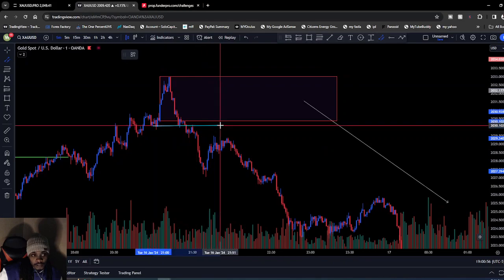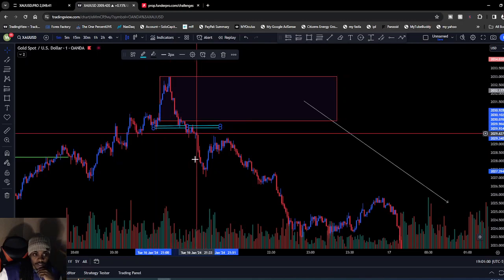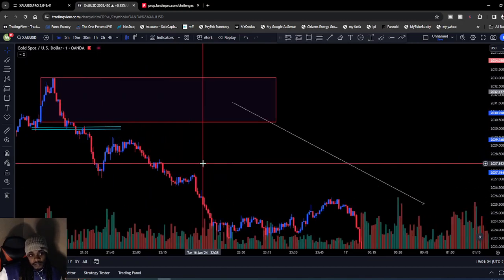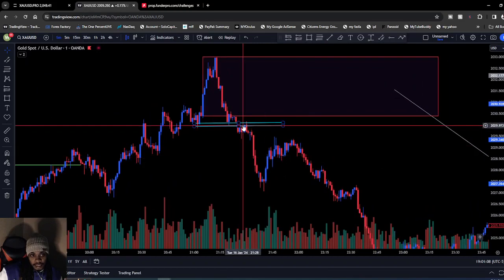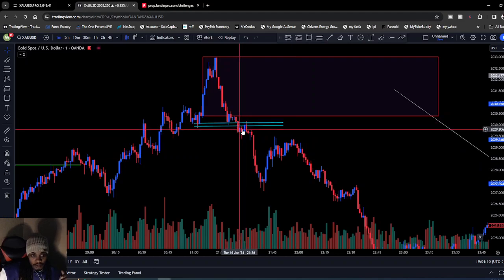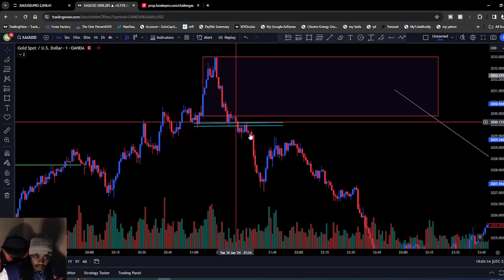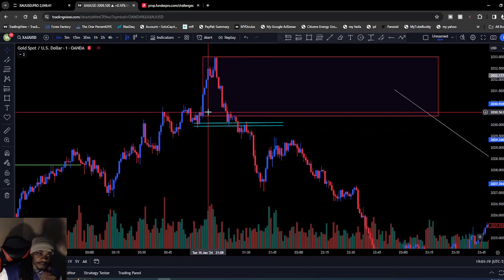You can mark out your support resistance. This is support turned resistance. You can take the trade that way. Take it as the tap of this zone, or the closure below this zone right here, as it starts to reverse and close below this bullish structure.